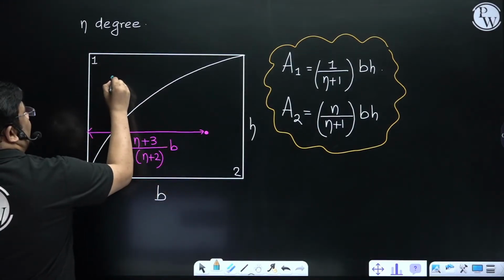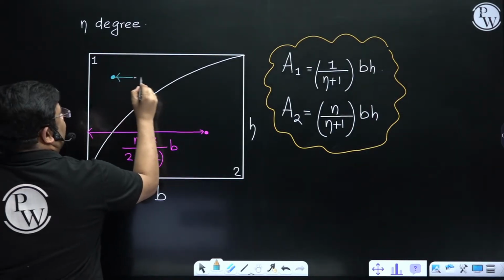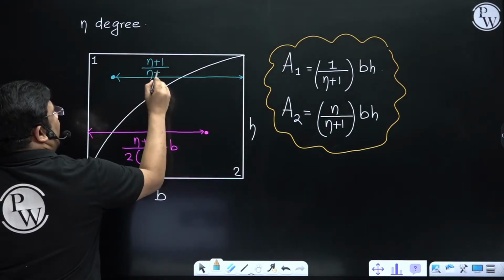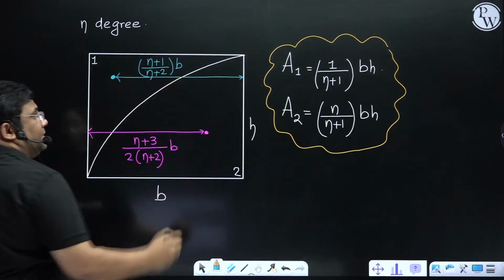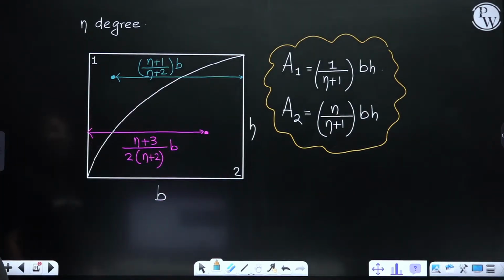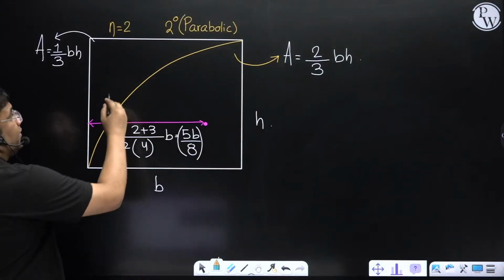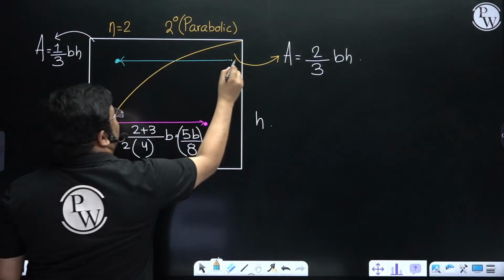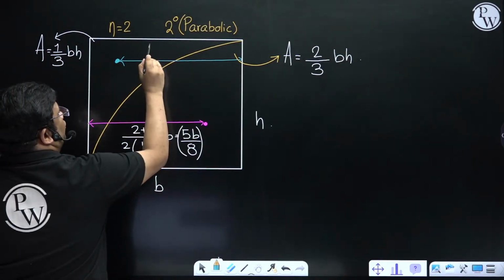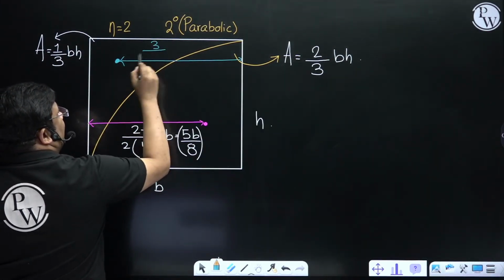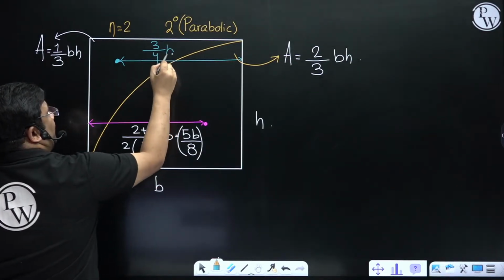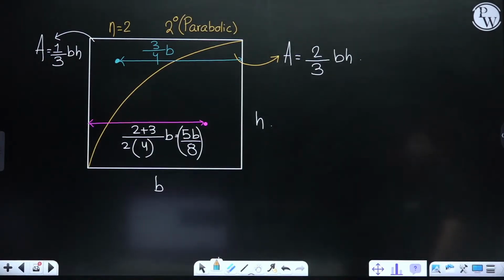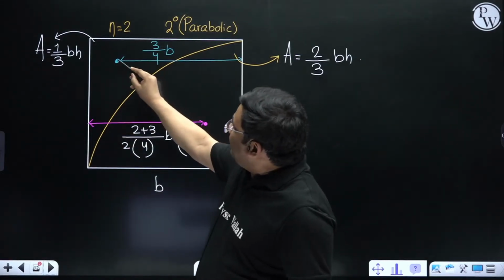Remember that this value is n plus 1 by n plus 2 into B. So for a parabolic area, n is 2, 2 plus 1 is 3, n plus 2 is 4, so 3 by 4 B. Remember, for this first area, the centroid is at a distance of 3 by 4 B.